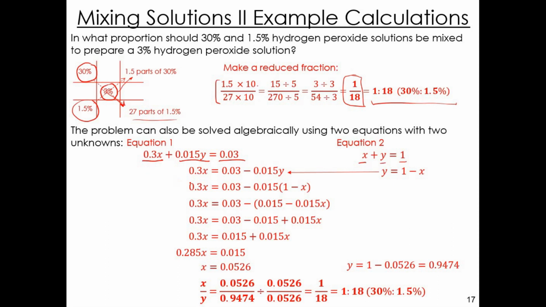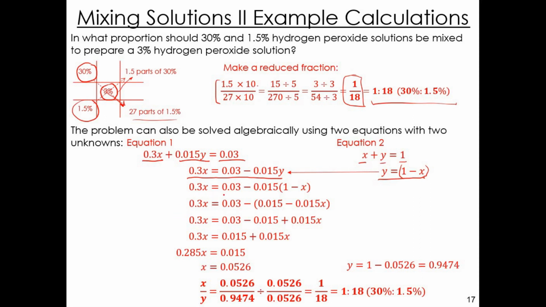Okay, so simplifying this expression, we can separate the x and y from one another by subtracting 0.015y from both sides to get the x by itself. We can also solve for y over here. y equals 1 minus x. And we can substitute 1 minus x in for y over here.